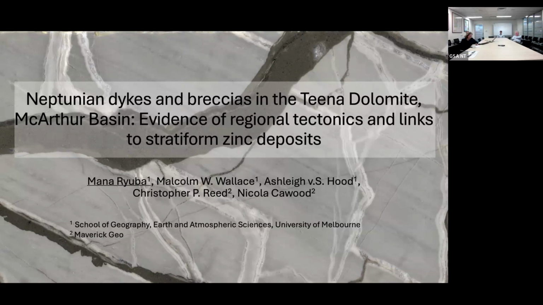Her first paper was recently published in Precambrian Research, titled Tectonically-induced Neptunian dykes and breccias in the Paleoproterozoic Teena Dolomite, Significance to stratiform zinc deposits in the McArthur Basin, Australia. Her PhD research focuses on the sedimentology and geochemistry of Precambrian carbonates to understand surface processes and ocean chemistry of Precambrian Earth. She's currently working on the Marinoan cap carbonates in the Flinders Ranges, Australia. Thank you again.